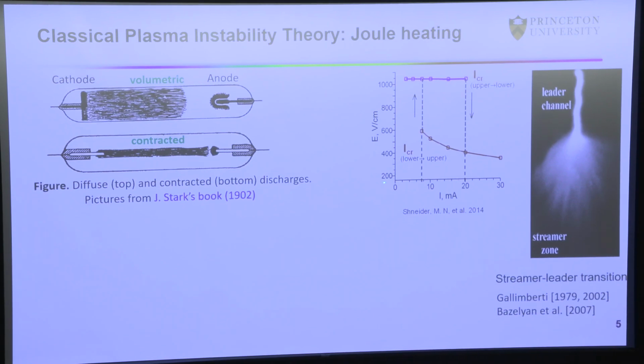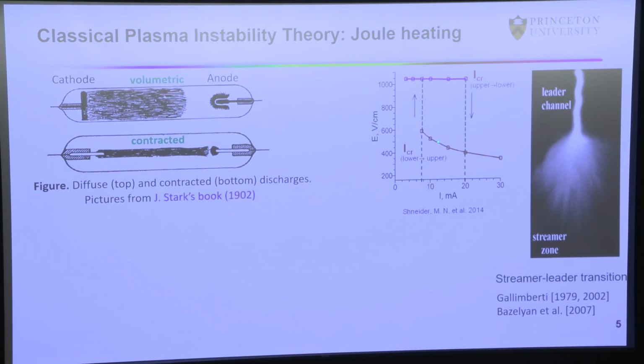If you have a current, and the current is really small, the electric field is very high, and you generate a uniform discharge. When the current goes over a critical value, the plasma suddenly collapses and forms this kind of contracted structure.